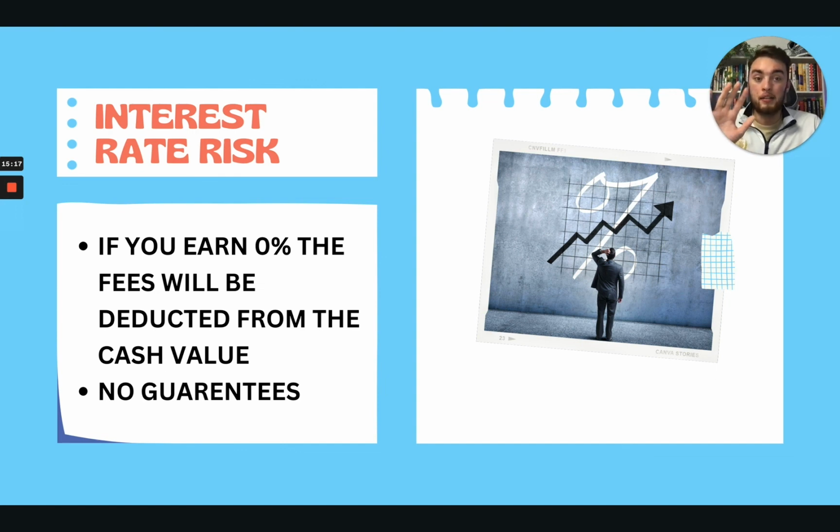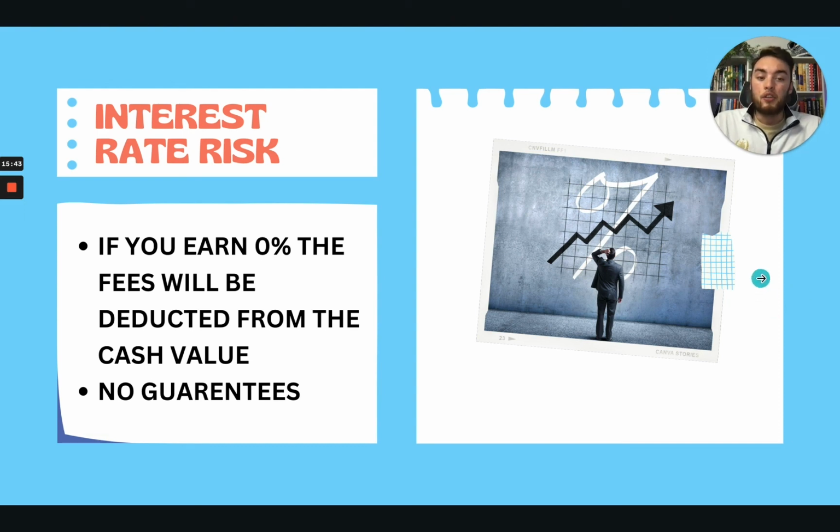Fees are due at the end of the year. Interest gets credited into the policy. The fees get subtracted from your interest, and then everything left over in the interest gets paid into the cash value. But if the fees are due at the end of the year and you earn 0% interest that year, there's nothing to eliminate those fees. So the next thing that's going to happen is that the fees are just going to get subtracted from your cash value.